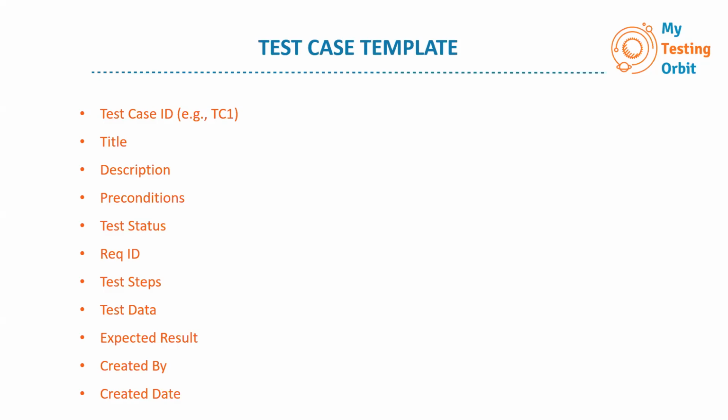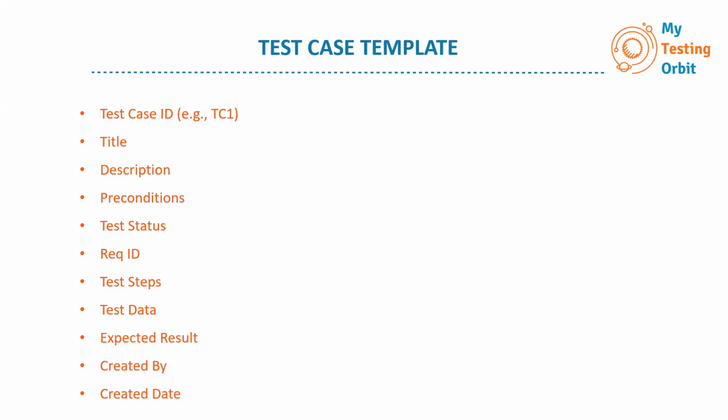Next would be test status, that is, what is the status of this test. When you write a test case, it can be new. Maybe the test case is being reviewed by anyone in the team or maybe your test manager.